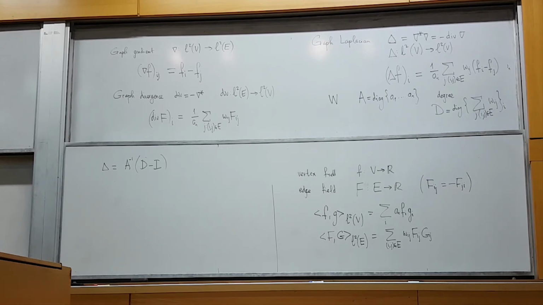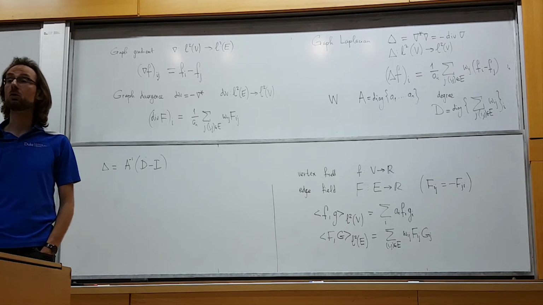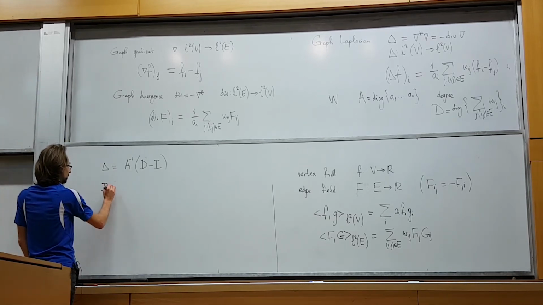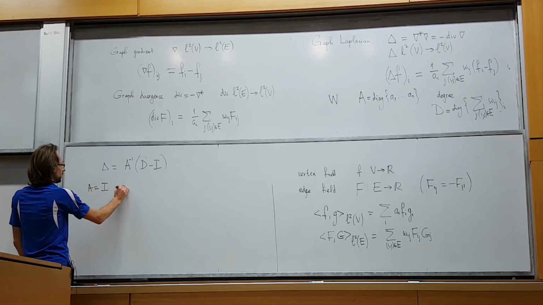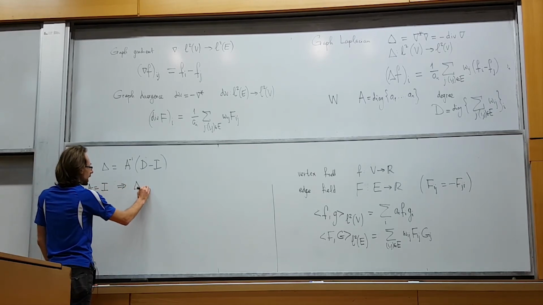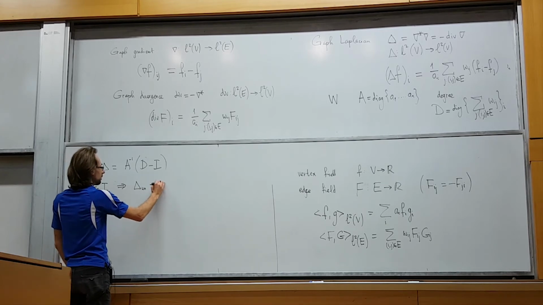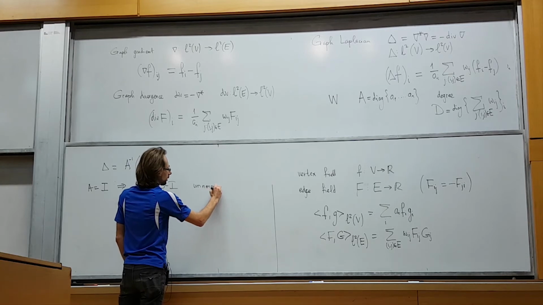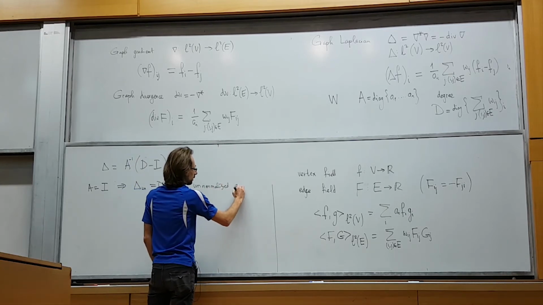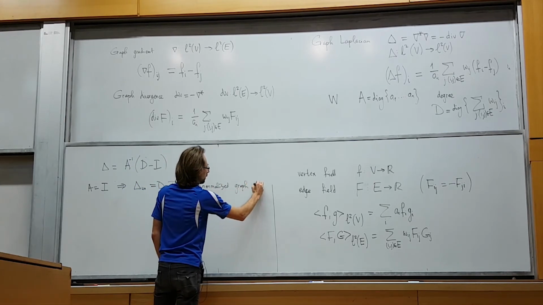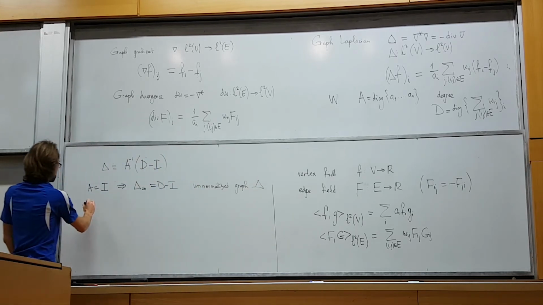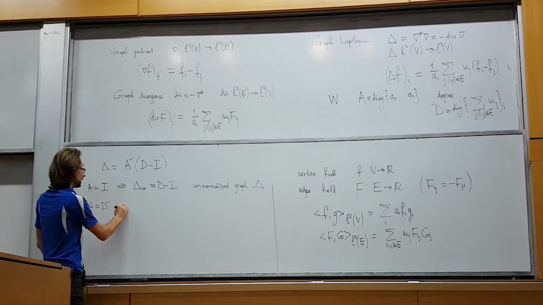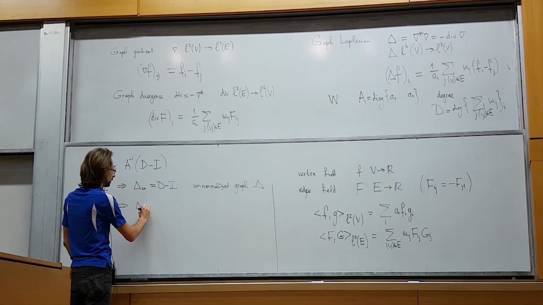And different choices of A lead to different definitions of the Laplacian. If we choose A equals I, we get what is called the unnormalized graph Laplacian. It is simply D minus W. If we choose A to be the inverse of D, the inverse degree matrix, we get what is called the random walk Laplacian.